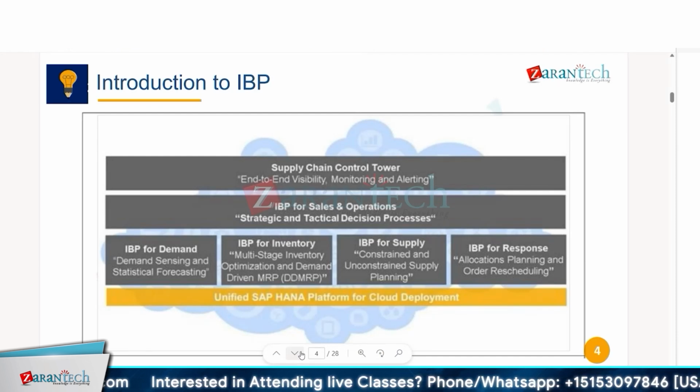Now, because the sales team has put the constrained forecast, at the same time the supply chain team already knows that there is a constraint in the supply, but they are always working on improving this constraint and the availability. So what happens is, when the forecast is constrained, instead of the actual demand of, let's say, 10,000 pounds, the sales team will put only 5,000 pounds because they know 5,000 pounds is what they can produce.